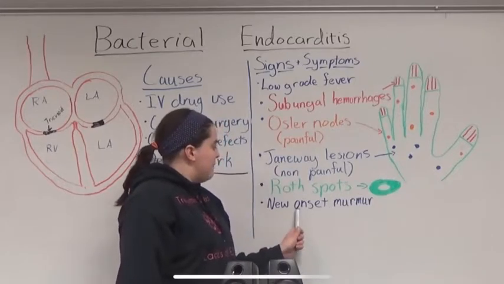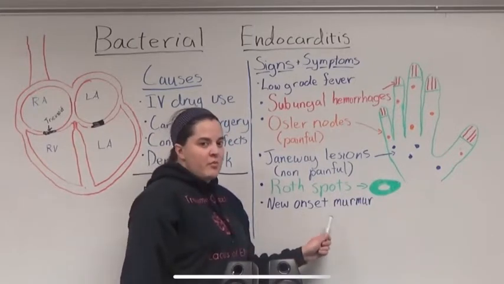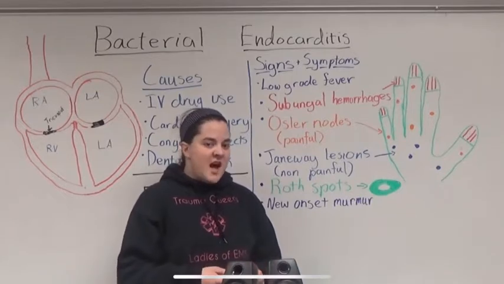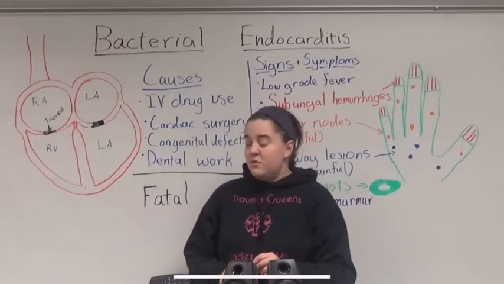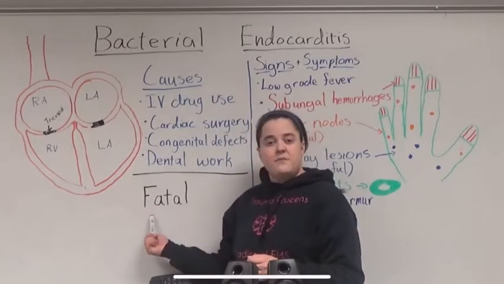And the patient may also have a new onset murmur due to the valve becoming stenotic from the growth of the bacteria. Unless bacterial endocarditis is treated quickly, it is fatal.